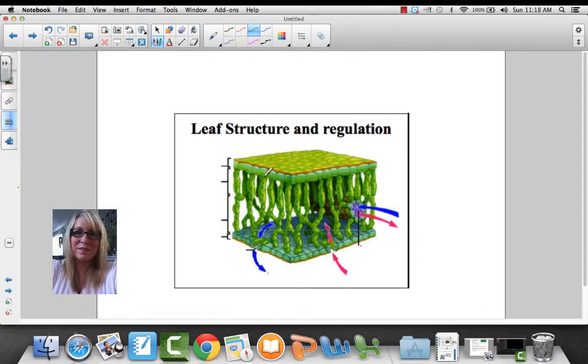Let's look at the structure of a leaf and what's moving in and out of the leaf. First of all, this very, very top layer here where you have a dark line on yours, this is the cuticle, and that's the protective covering. After the cuticle, we have the upper epidermis cells.